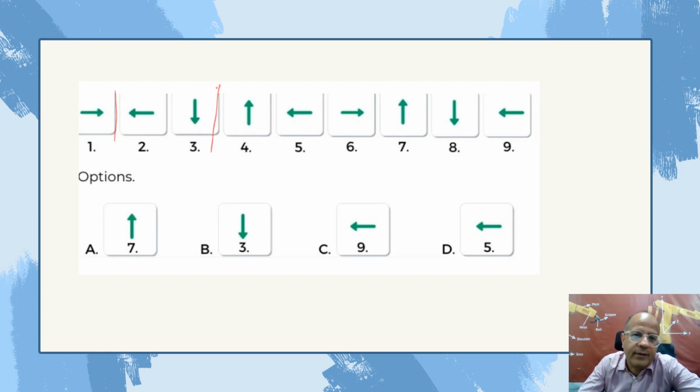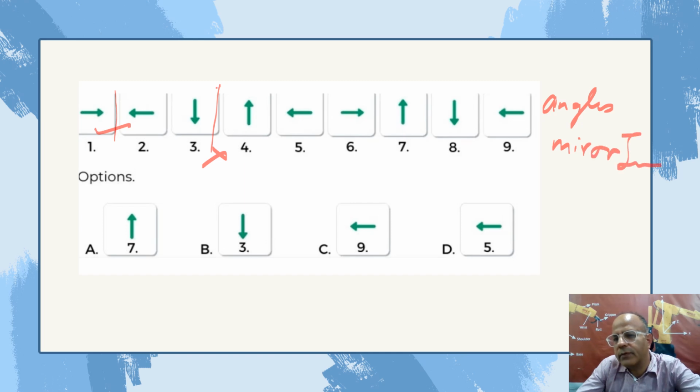They also say this is a mirror image, but this is not a mirror image. I would say it's better to work with angles rather than with mirror image. Mirror image is a concept they can use, but it is better off to work in terms of angles if they want more perfect answers.